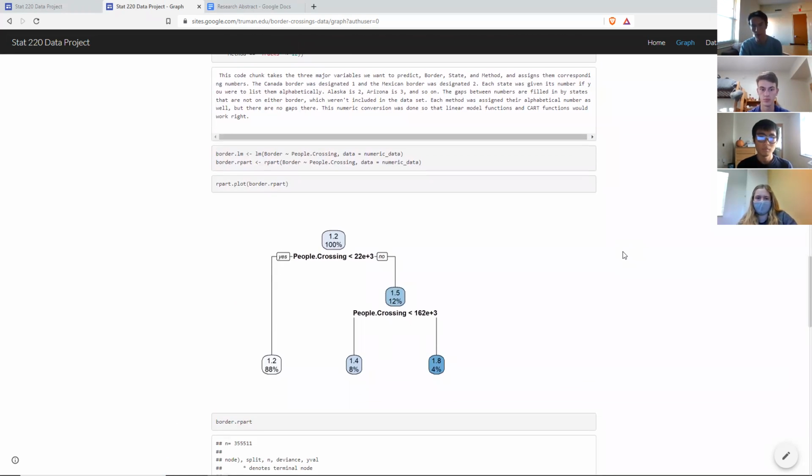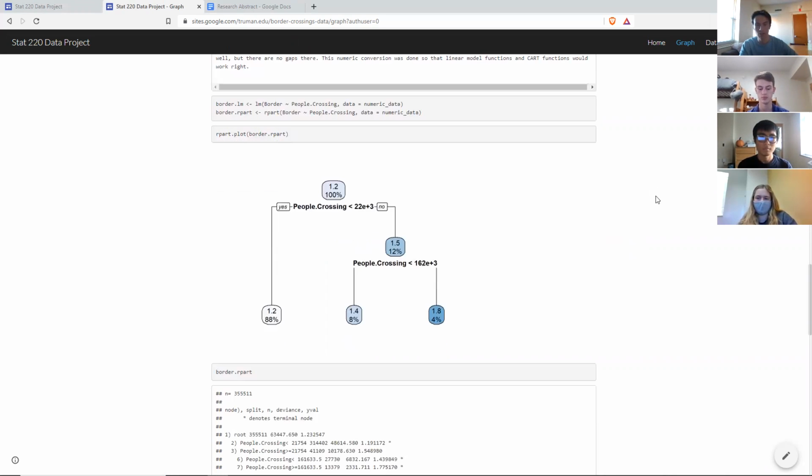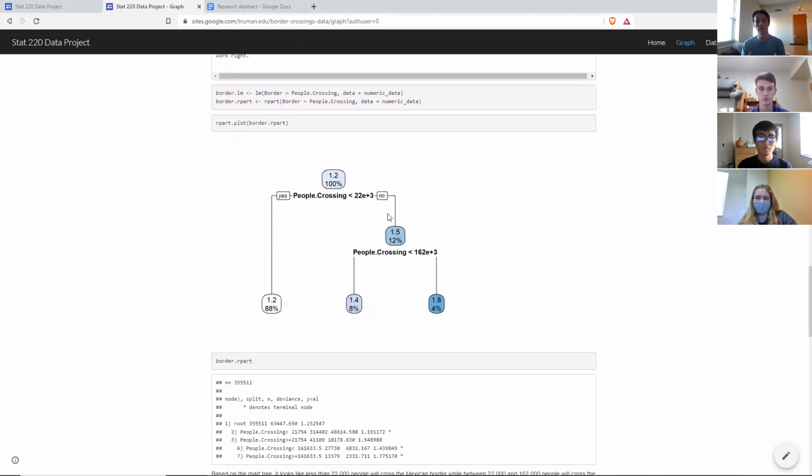So with the first model, we were trying to predict which border is most likely to be crossed. It's fairly small. We came away with: if there were fewer than 22,000 people, the CART model decided it was likely to be the Mexican border.